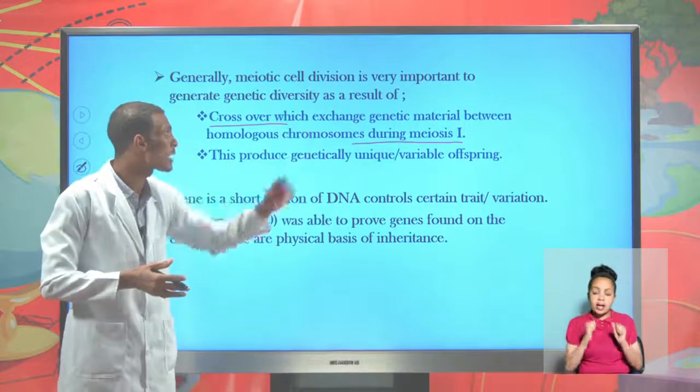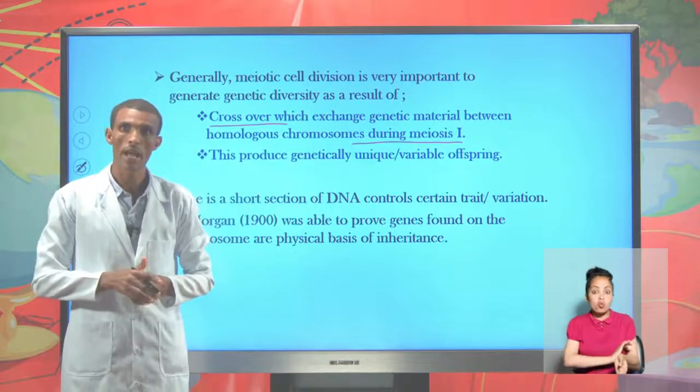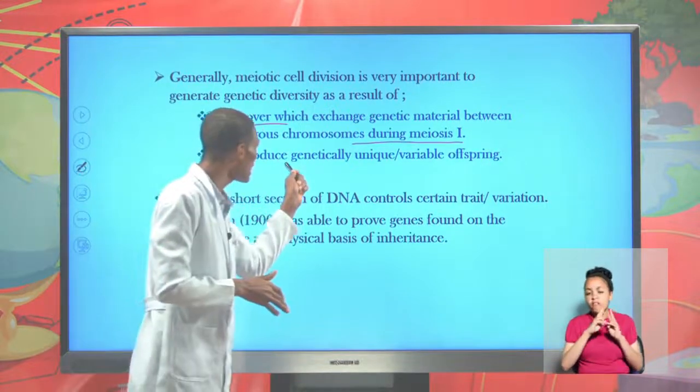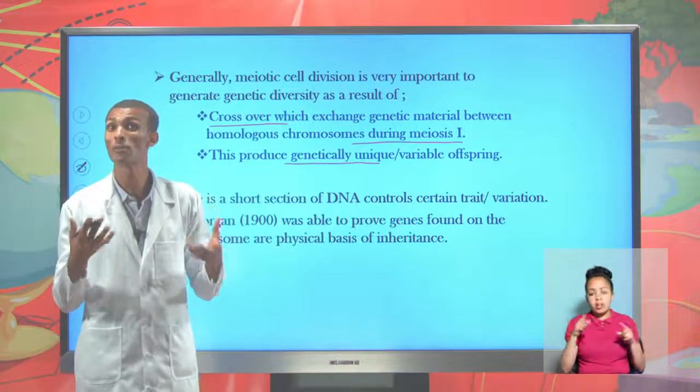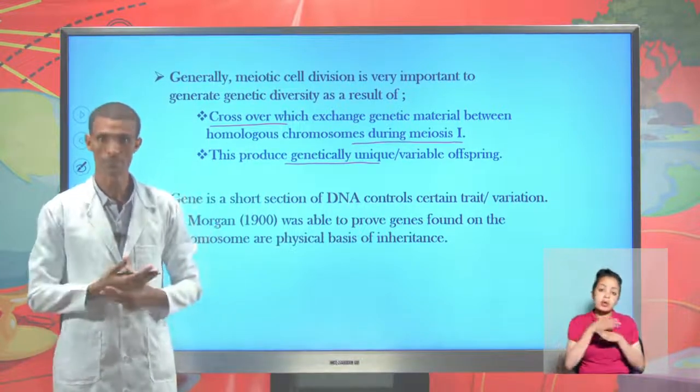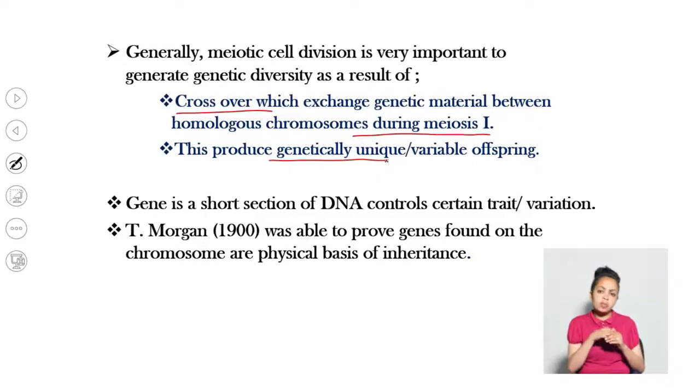This is very important in creating unique, variable offspring across generations. What determines an organism's genetic variability is the short section of DNA that we call a gene. A gene is very important in determining an organism's traits and variation.